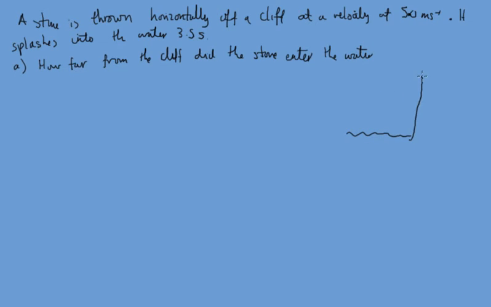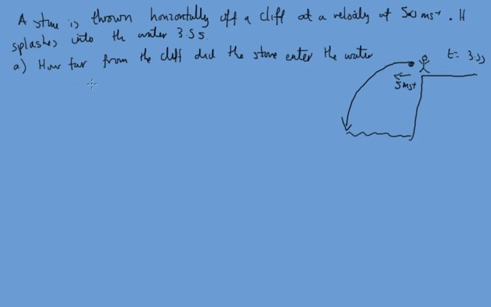There's our cliff, here's our man on there throwing the stone. Down there, and the initial velocity is 5 meters per second, and that's in the horizontal. And we know that t is 3.5 seconds.